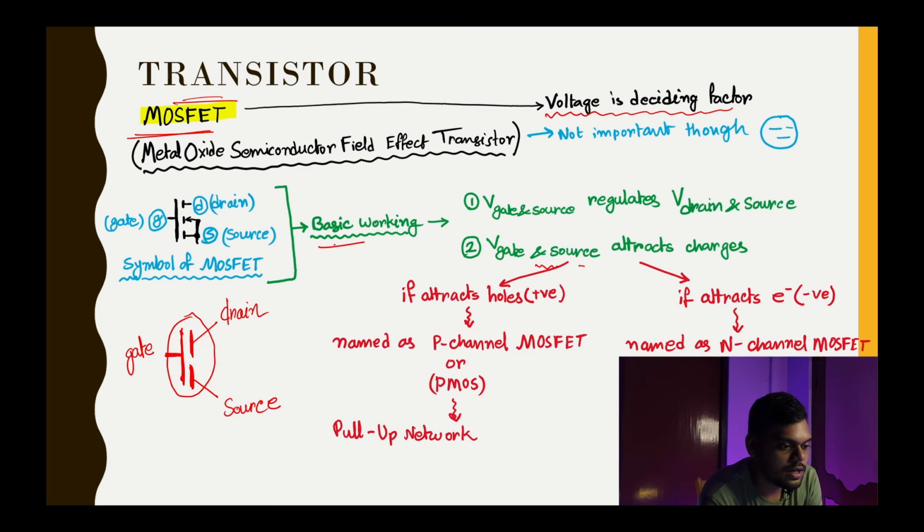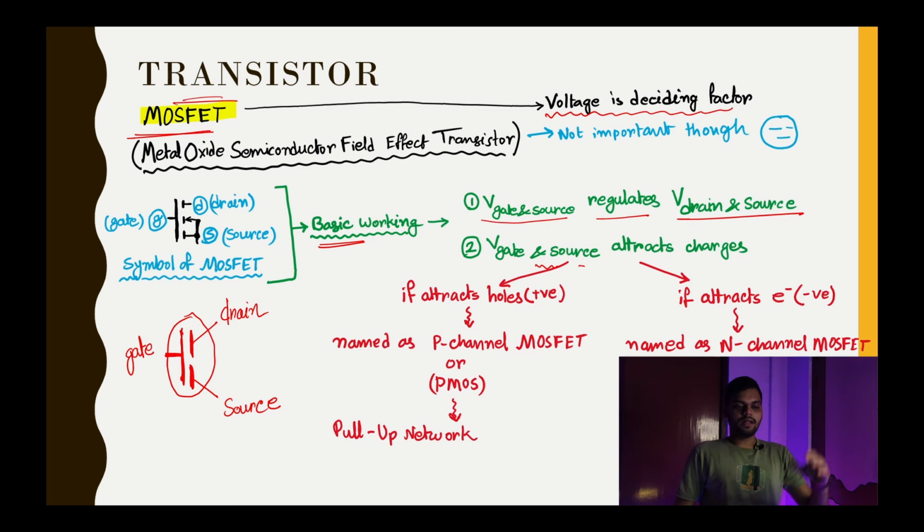For the basic working, V gate source regulates V drain source. As we mentioned, the voltage difference from drain to source depends on the voltage difference between gate and source.